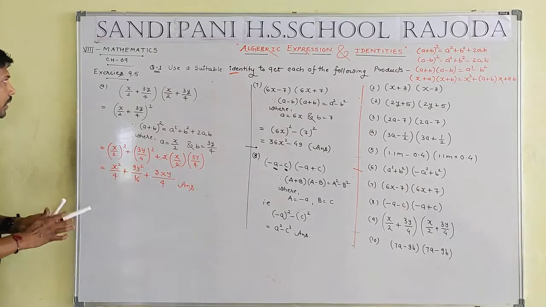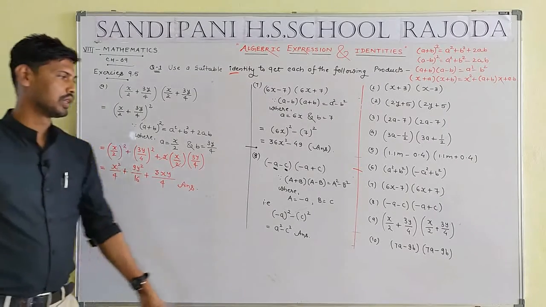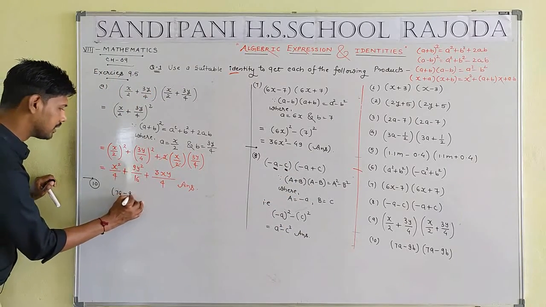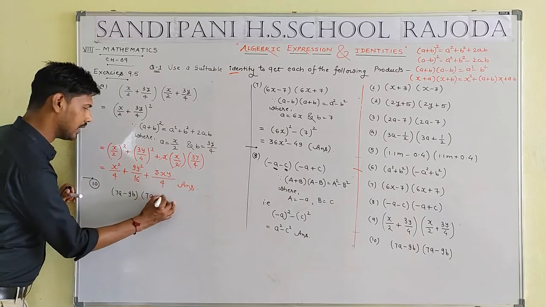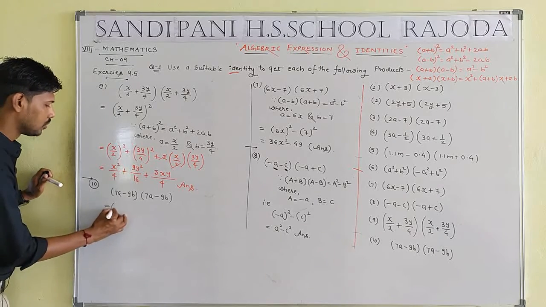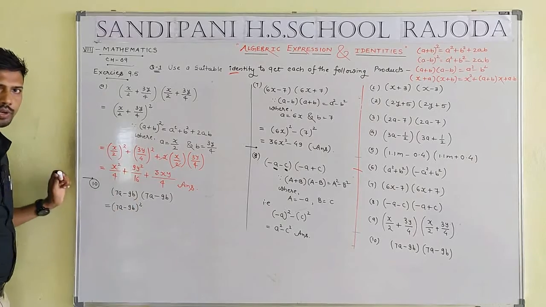Okay student, now next point, question number 10, the last question of question number first. 7a minus 9b and 7a minus 9b both are similar in two brackets, so we write it in the form (7a minus 9b) whole square.